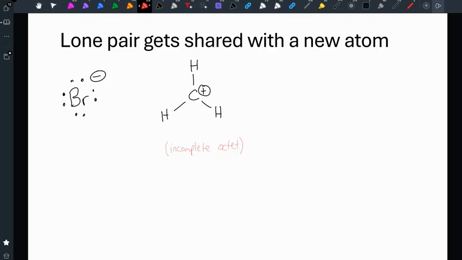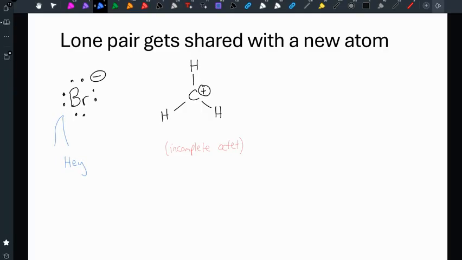So this right here, you can imagine, is a match made in heaven. If you imagine what the conversation between these 2 would be like, well, bromide would be like, hey, I've got extra electrons. And carbon would be like, hey, I really need electrons. So it's really, really a great match.